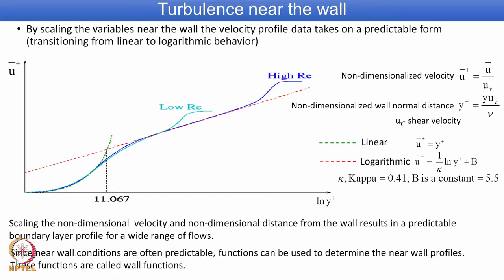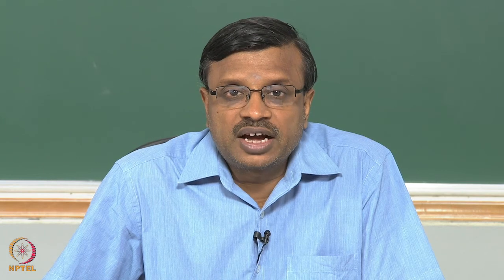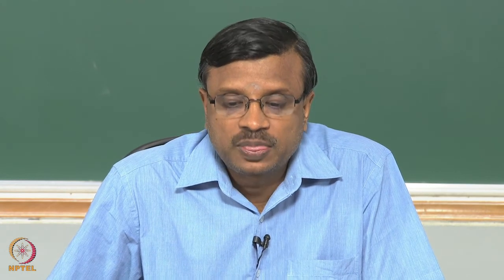Since the near wall conditions are often predictable, functions can be used to determine near wall profiles, and these functions are called wall functions. The wall functions are used to bridge the gap between the wall and the first nodal point. We are going to see some details about it in the next slide.